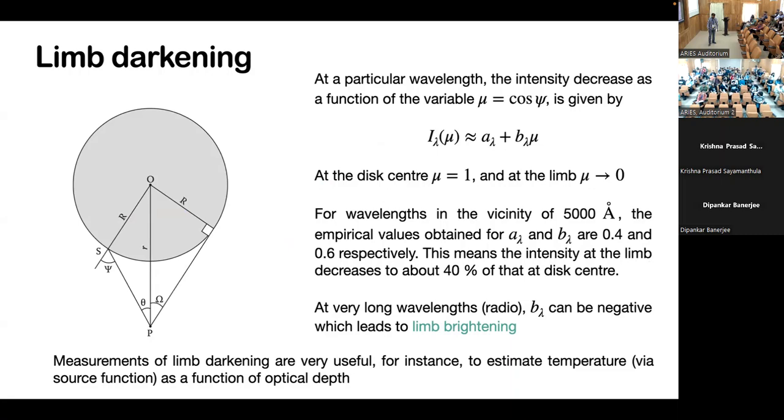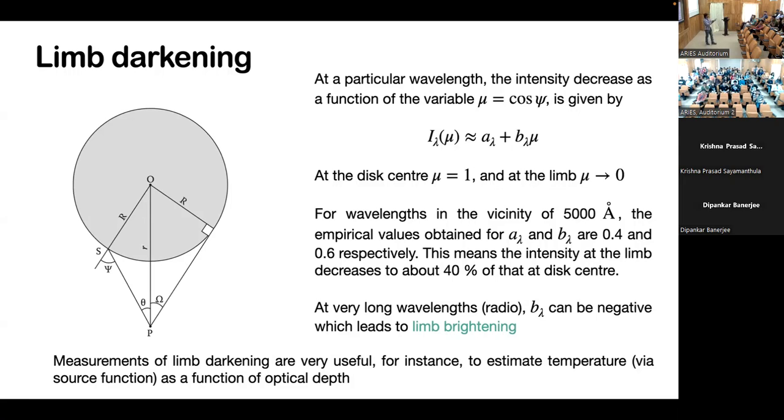If you are looking at the center of the disc, the viewing angle and the local normal coincide, which means this mu value will become 1, right? As you move towards the limb, the local normal at the limb becomes perpendicular to the line of sight, so that mu value becomes 0. There is an empirical relation here: intensity as a function of mu, the cosine of the viewing angle, varies roughly like a lambda plus b lambda times mu.